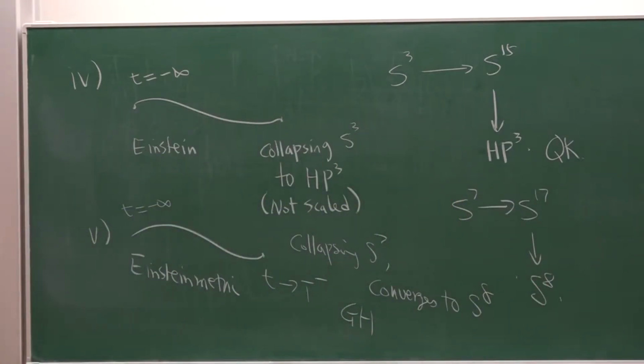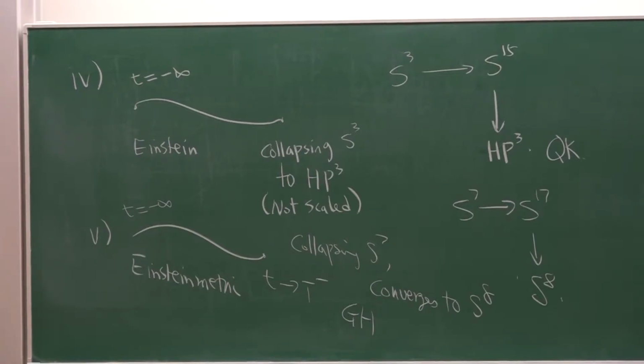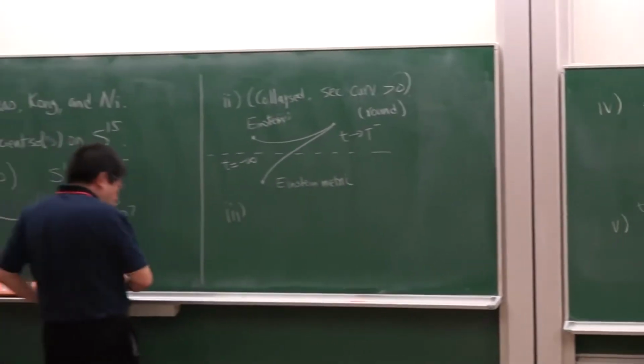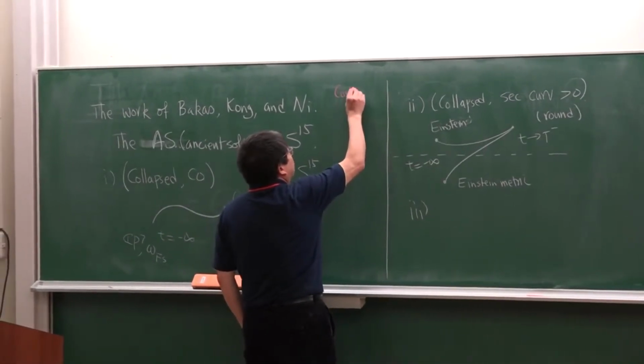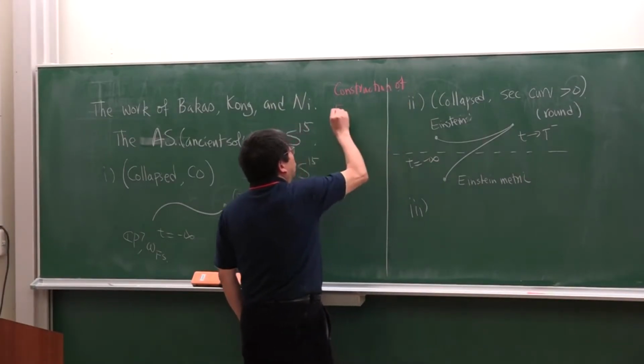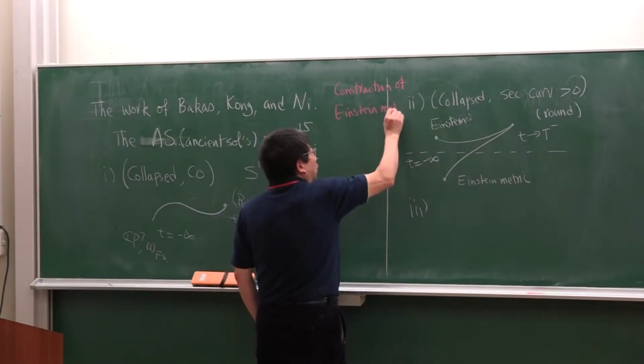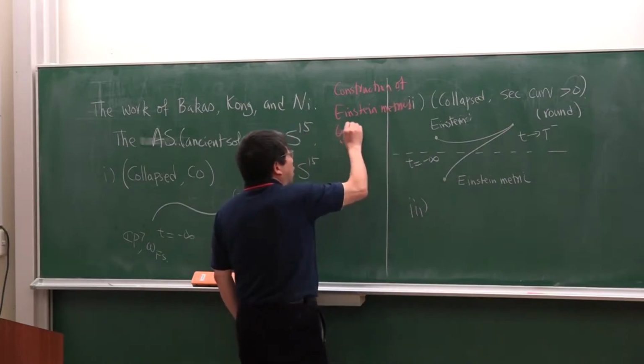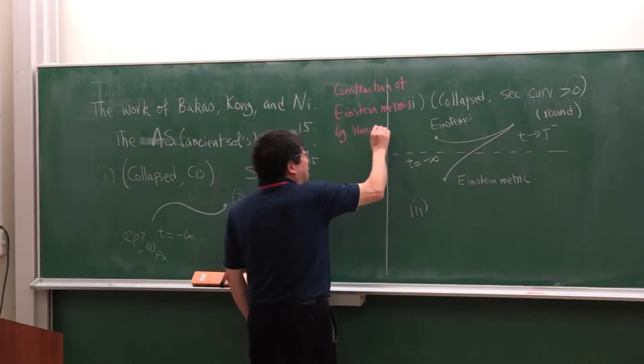Okay, so what we did is the following. Let me take a color chalk. So we have this construction of Einstein metrics by Mackenzie, Wang, and Ziller.